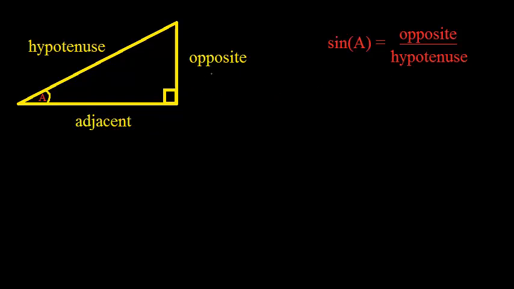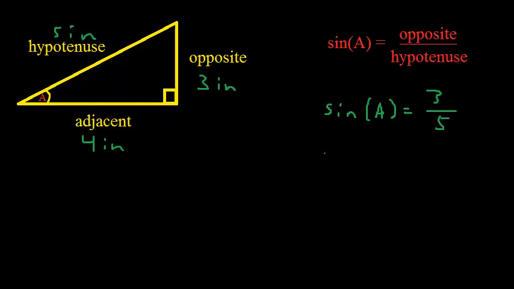So say, for example, I have the triangle with measurements 3 inches, 4 inches, and 5 inches. The sine of angle A would be equal to the opposite side of 3 over the hypotenuse of 5.